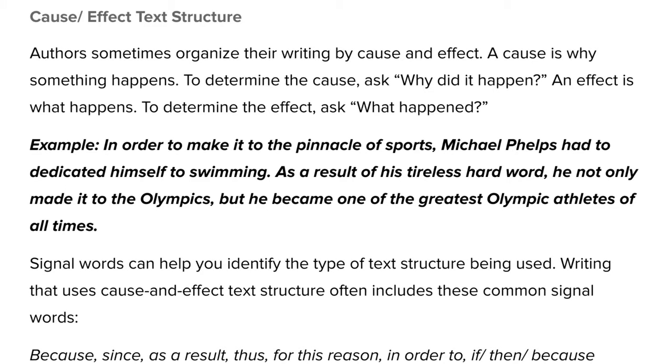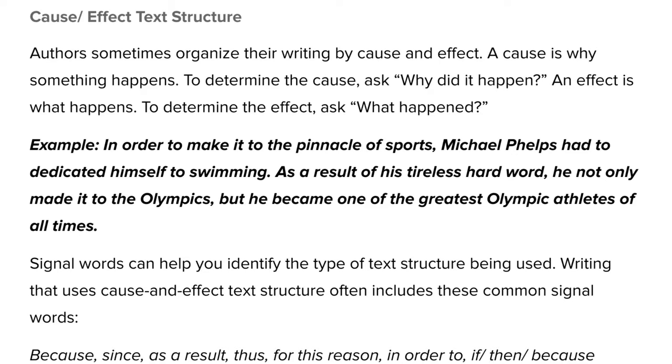And then a cause and effect text structure. A cause and effect text structure takes into account why something happened and tells you what happened as a result of something else. So here's an example of a text that has a cause and effect text structure. In order to make it to the pinnacle of sports, Michael Phelps had to dedicate himself to swimming.